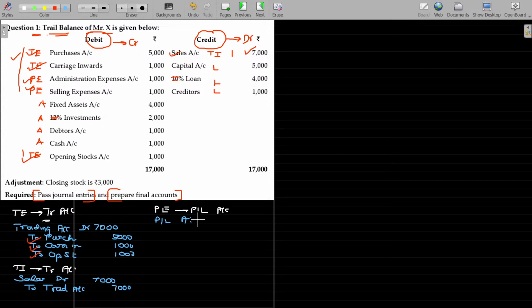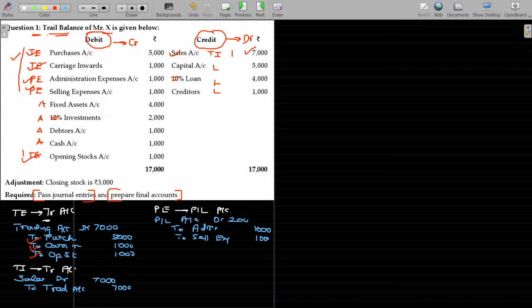So P&L account debit, to admin expenses, to selling expenses. Admin expenses being 1,000, selling expenses being 1,000.